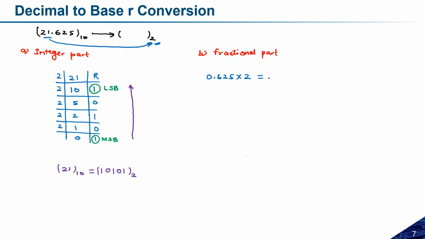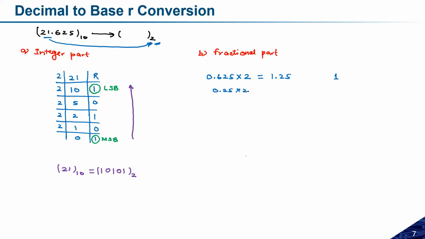Then the number will come as 1.25. If an integer part comes, we take it as the generated integer. We'll write it somewhere here. Now the fractional part left is 0.25.